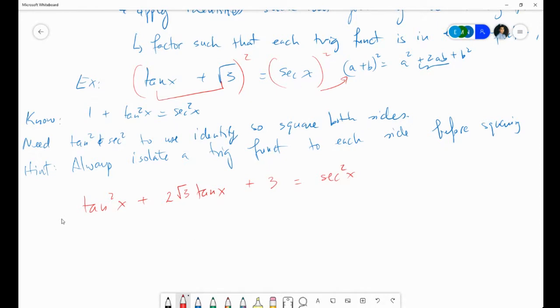Okay, so then in that vein, could we apply the Pythagorean identity now where we keep the tan squared x, but then we equate the 2 root 3 tan x plus 3 to 1? Well, that's a good plan, but I wouldn't do that because you're changing this value here.